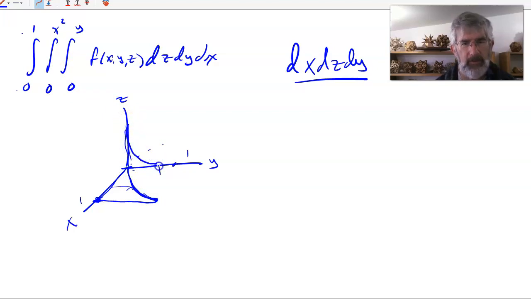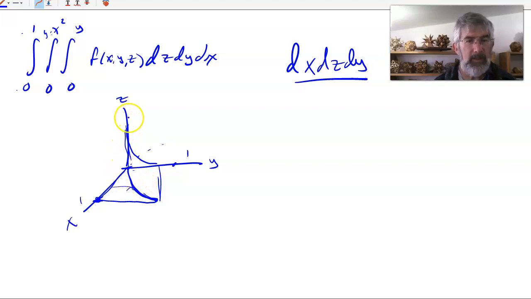I call it a cylinder just because you extrude that curve upwards. So the surface that is y equals x squared is a parabolic cylinder. Just slide the parabola parallel to the z-axis up and down.